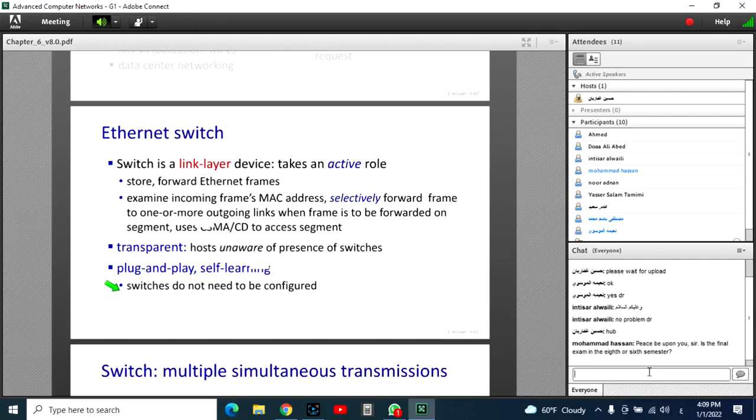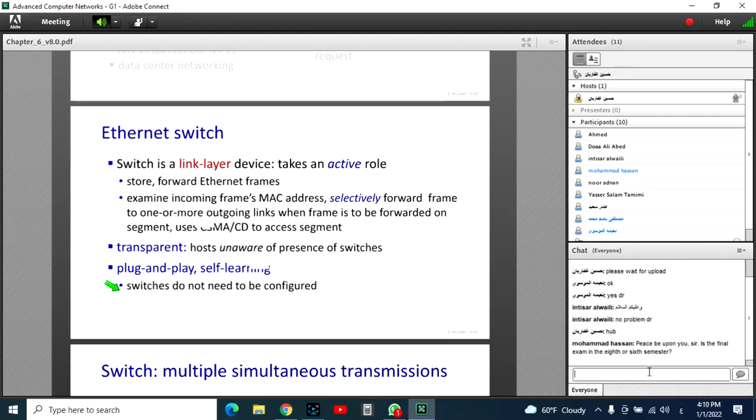But those capabilities are not a barrier against the basic role of a switch. The basic functionality of a switch is forwarding frames between different nodes inside a network.